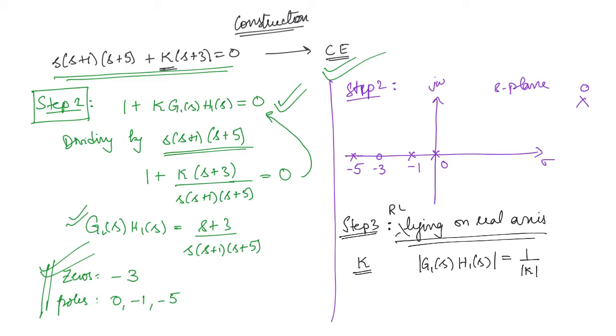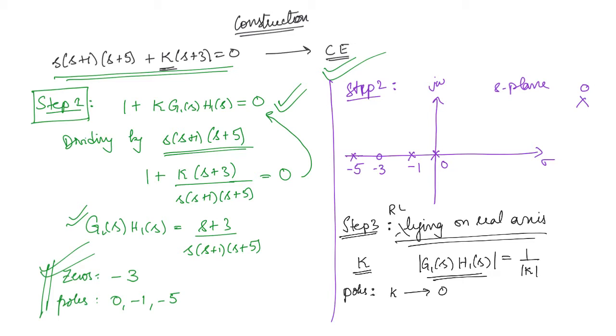Now what will happen at poles? At poles, the magnitude of g1(s) h1(s) is infinite. That is the definition of a pole. When g1(s) h1(s) is infinite, 1/k is infinite and k will be 0.